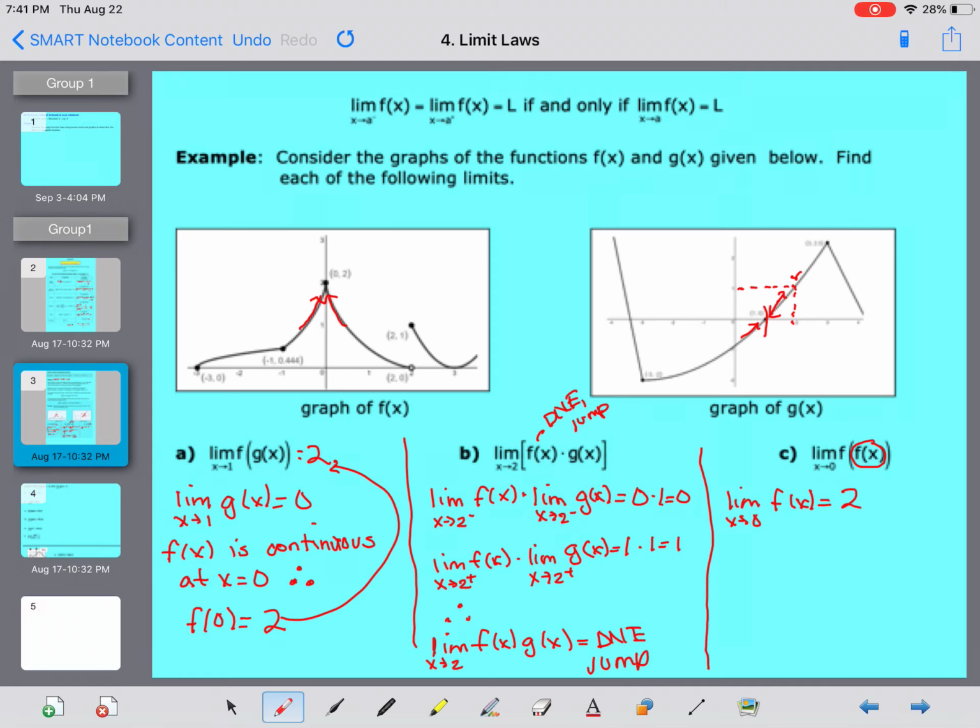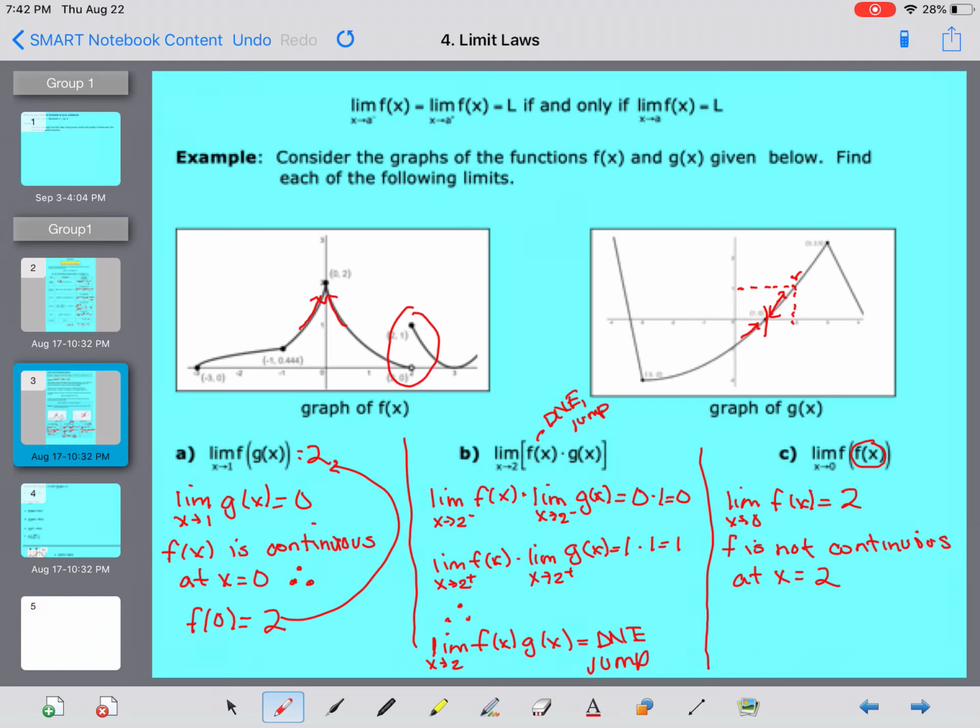So now if we look at f of 2, f of 2 is not continuous, and that's a problem. Therefore, that rule at the top really doesn't apply. So f is not continuous. So I can't just go and plug it in.